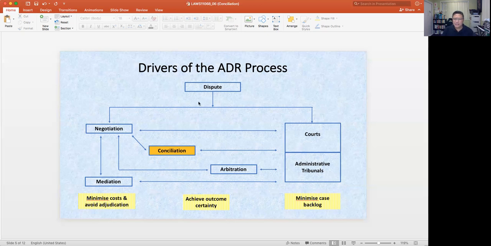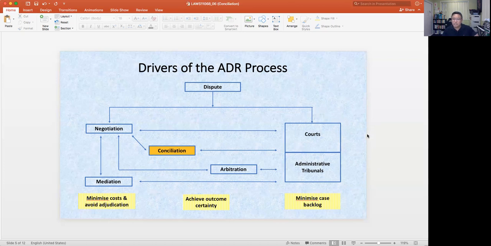But the other point is, if there is a lot of dependence on the courts and administrative tribunals to settle a dispute, then that creates a backlog in the courts and the administrative tribunals. So what courts then do is try to avoid this backlog, because they simply don't have the time.